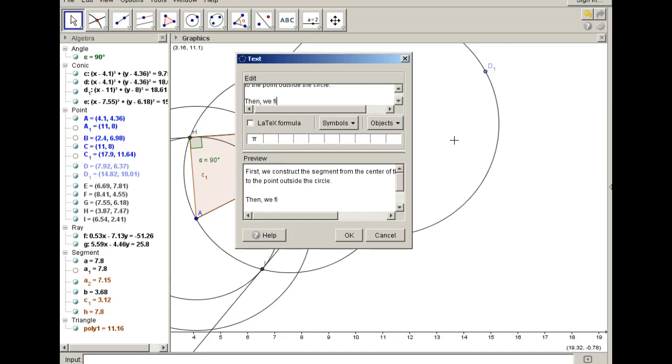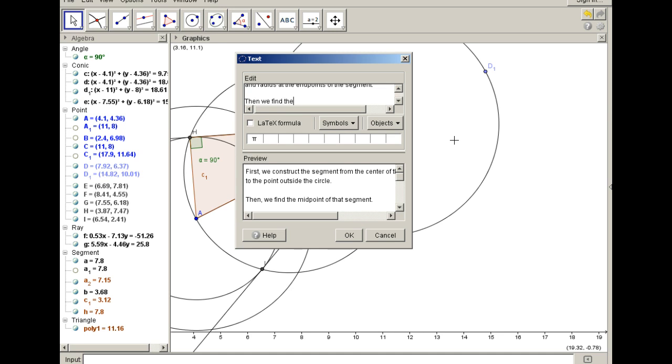Then we find the midpoint of that segment. Then we draw a circle with center at that midpoint and radius to the end points of the segment.